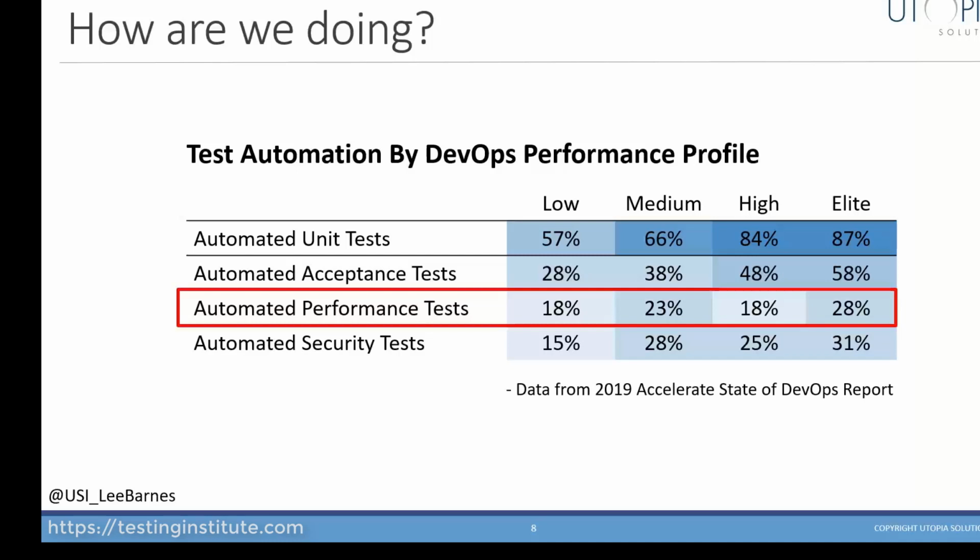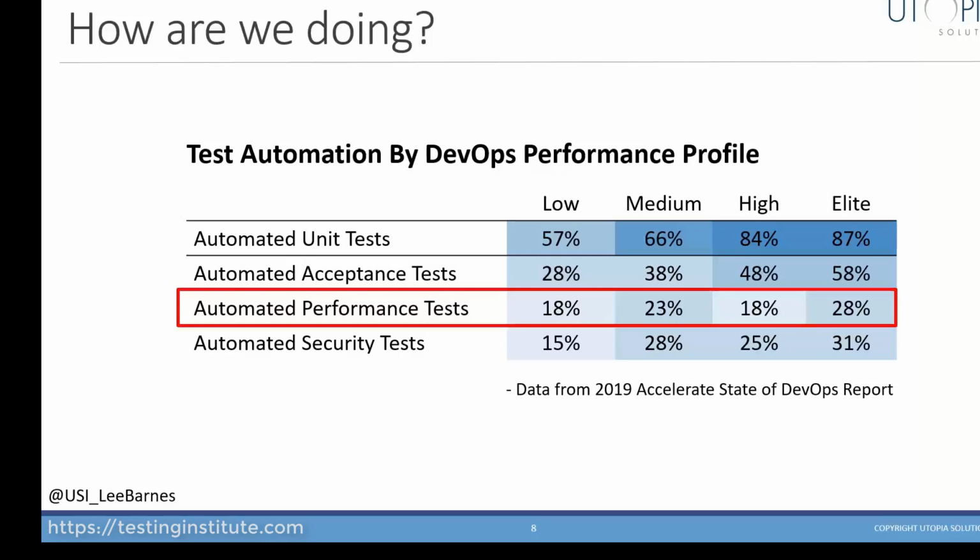So, okay, if traditional performance testing doesn't work in Agile and DevOps cycles, but I think we can certainly agree that there's a lot of organizations that are building software that way, right, via a DevOps approach, let's take a look at how they're doing with respect to performance testing. And according to the 2019 State of DevOps report, not very well. Even if we look at elite DevOps performers, we see that only 28% have automated performance tests.